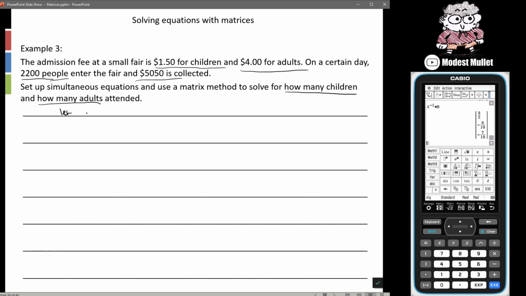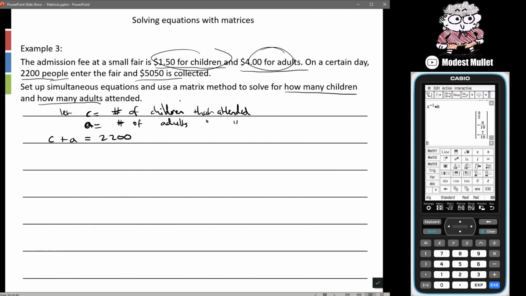So I'm going to let C equal number of children that attended, and I'm going to let A equal number of adults that attended as well. So now I have some variables, I can use them in this information. I'm told 220 people attended, so the number of children plus the number of adults is equal to 220.